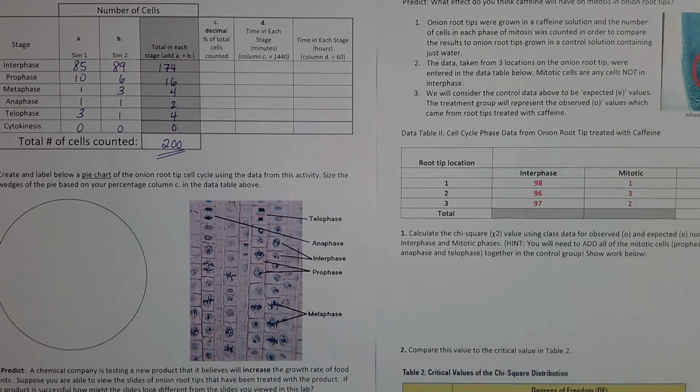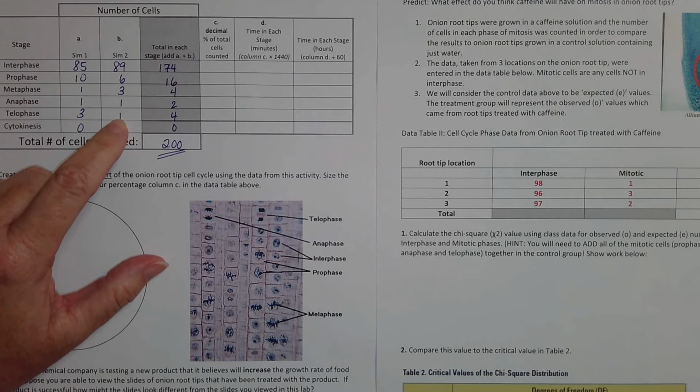In this instance, we're comparing mitosis rate in an untreated onion root tip, or in untreated cells, versus mitosis rate in cells that were treated with caffeine. Your gizmo gave you your untreated data.